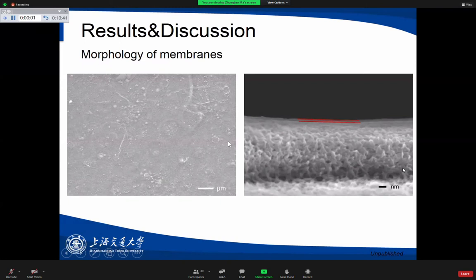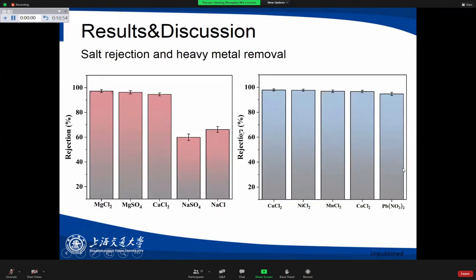This SEM showed the membrane had been fabricated successfully. The surface is slightly rougher than the PIP-based membrane. And this membrane had a high rejection for heavy metal ions.